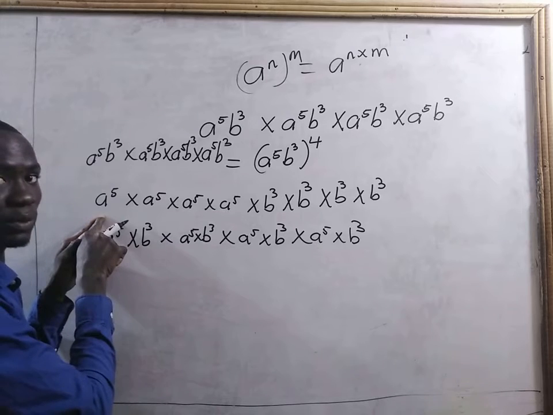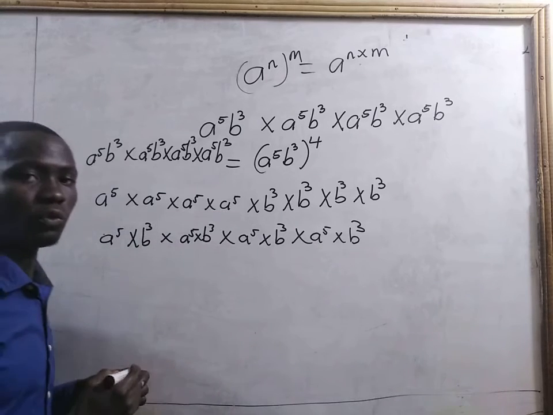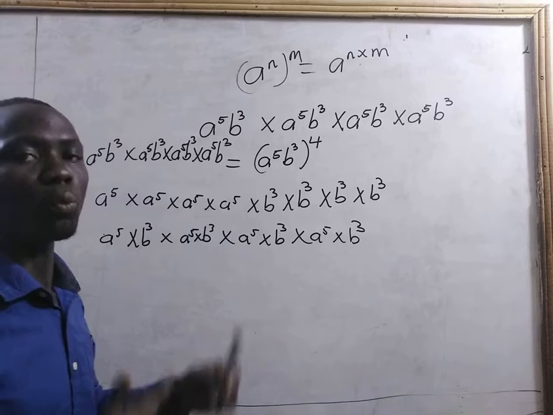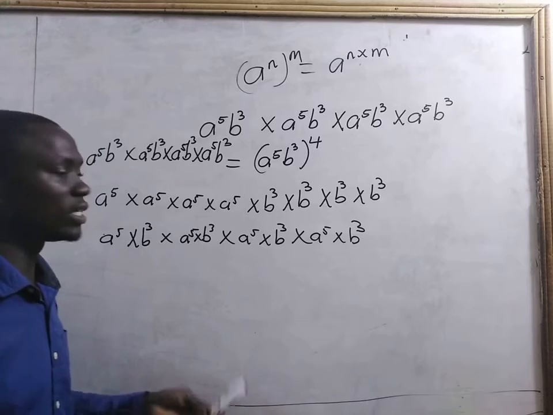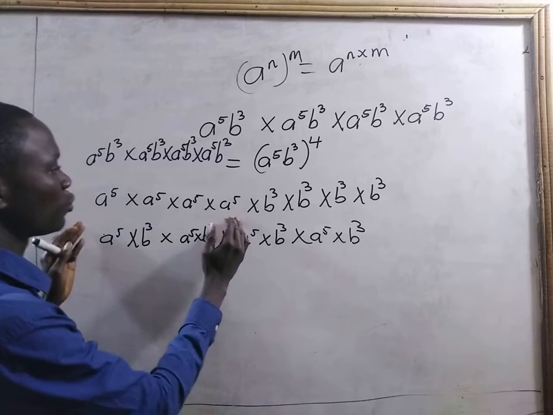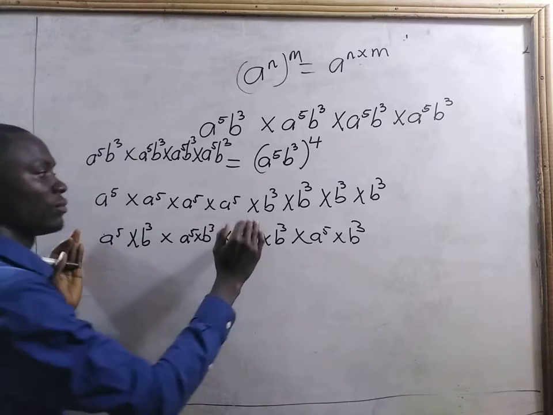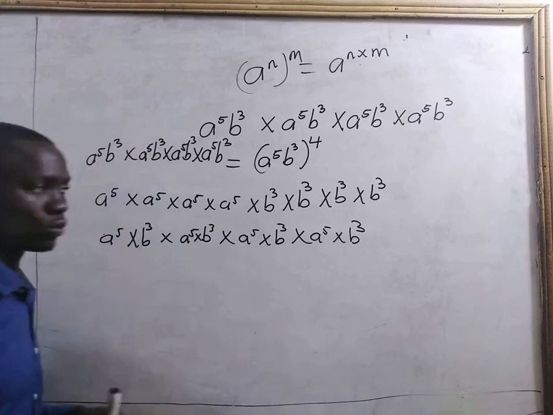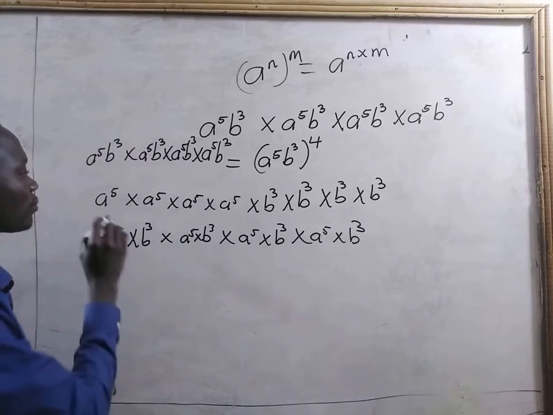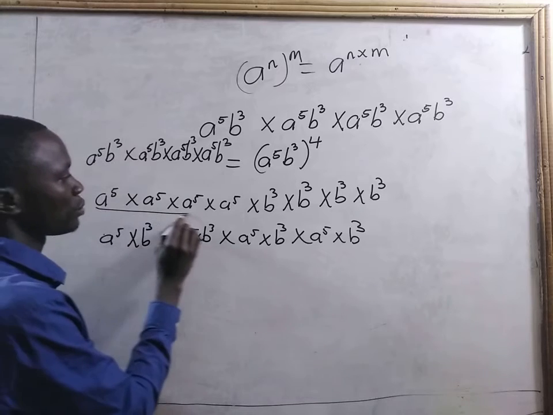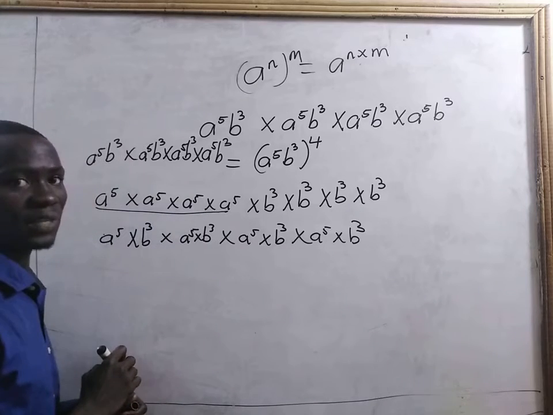In terms of multiplication, we've said that multiplication is commutative and associative. So if you group all the a's together, we can multiply. If you group all the b's together too, we can multiply. So here we have a exponent 5 multiplying itself 4 times.